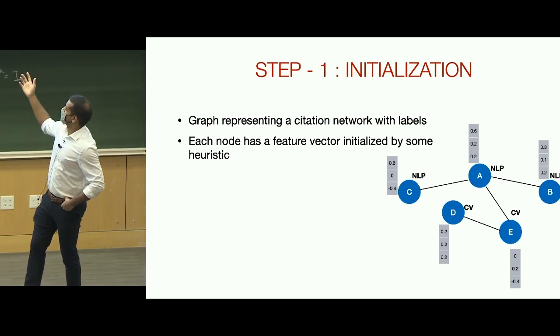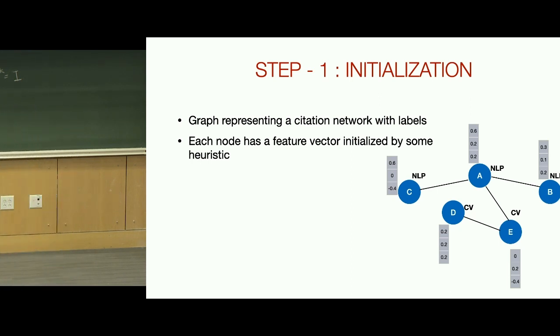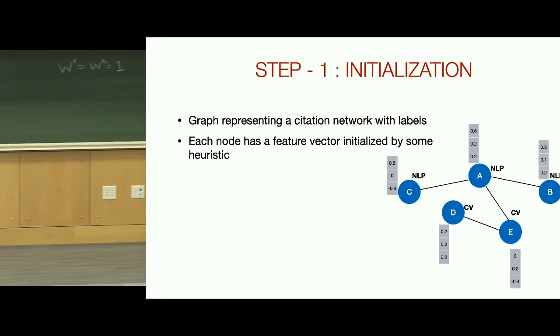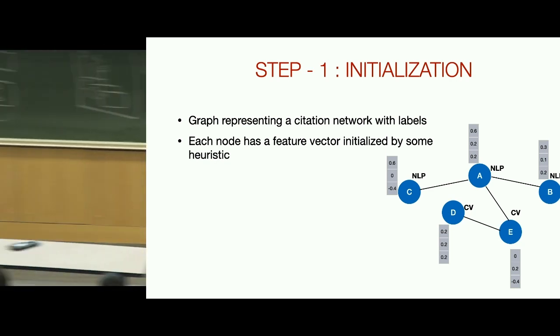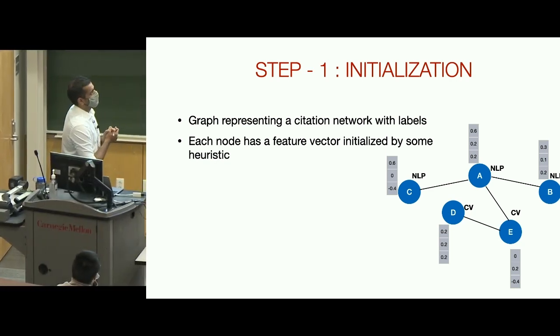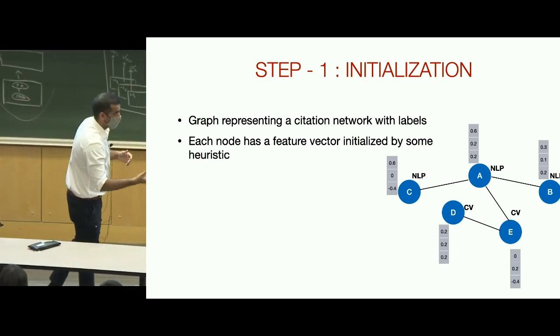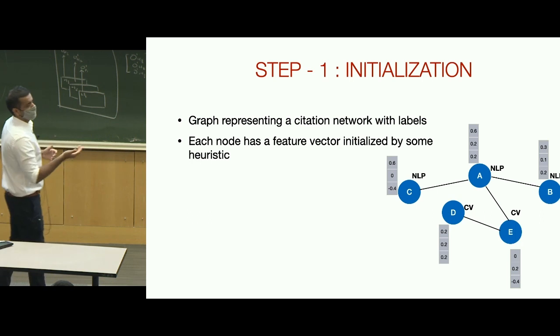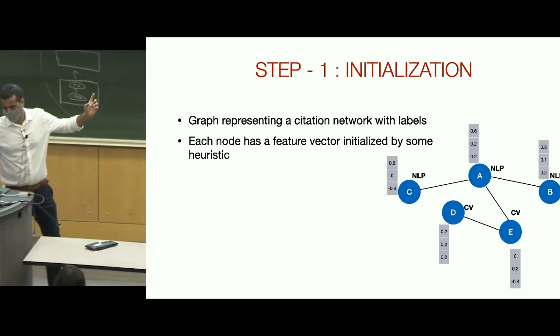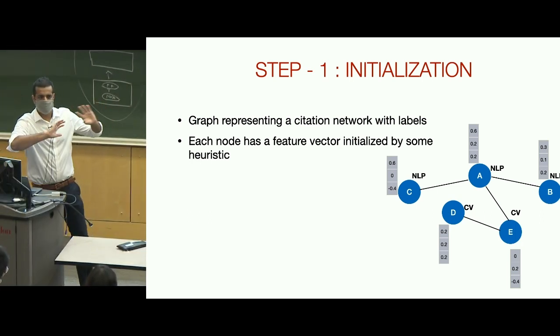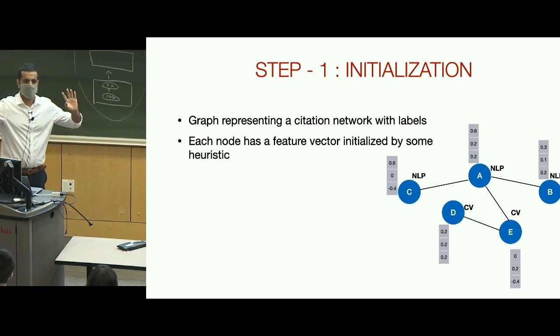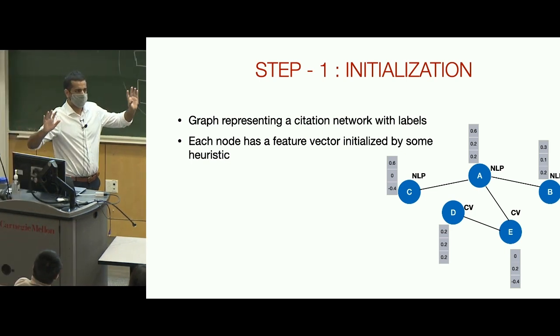We can basically use any heuristic, any way we want to, and generate these initialized feature vectors. The idea behind it is to capture local information about the paper, or about the node, in these vectors. Now that's the initial setup. I hope this makes sense.